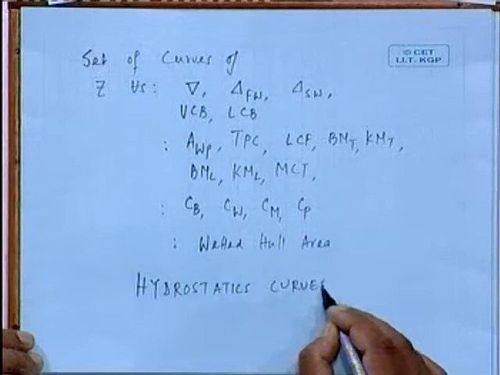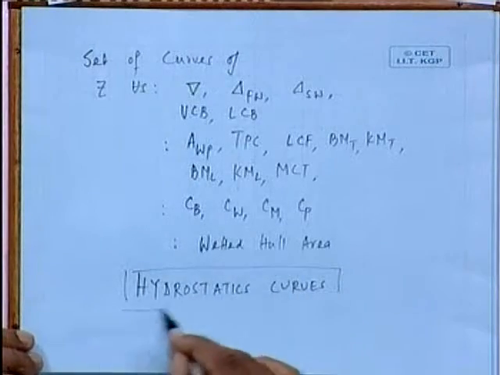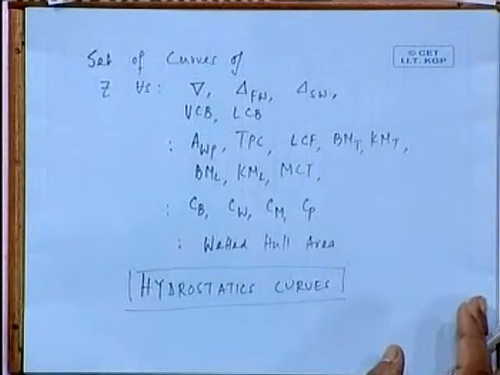One of the most fundamental sets of curves that you have for any ship during design. When it is designed, there must be multiple copies of that all over the ship, with the captain here, there, etc., because it becomes extremely useful for any decision whatsoever. You want to load so many tons of cargo in hold number 5, you have to use the hydrostatics to figure out what will happen, what will be the draft forward, what will be the draft aft, will it remain stable, will it become unstable.